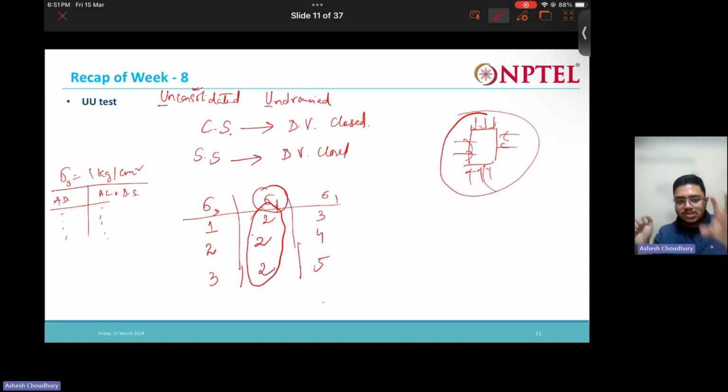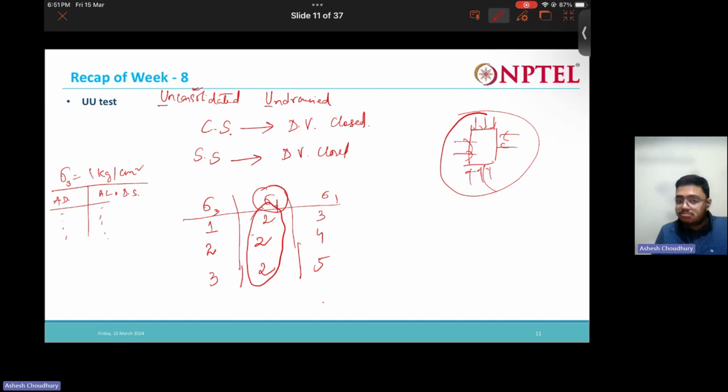So the amount of stress that the soil is able to carry on its back is obviously going to remain the same every time, because the soil is completely saturated and the water is not allowing the stress to get transferred to the soil. You understand, right?